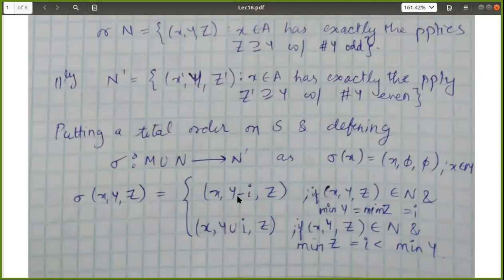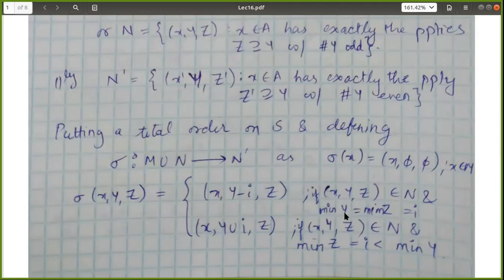Great. Now, dealing with the next condition that the least elements of the property set Y and property set Z are not same, in which case the min element of Z will be strictly smaller than the min element of Y. Correct?